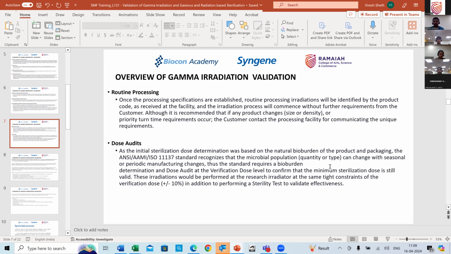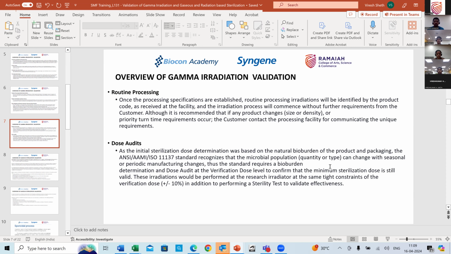Why would it have been different? Because we are living on an earth where there is a dynamic change in the environment outside us. If you take a microflora mapping of the place you are sitting today, Biocon Academy, and you do the bio study of the flora, say 1 year down the line, you will see that there could be either addition or deletion of a kind of microflora which is present in the environment.